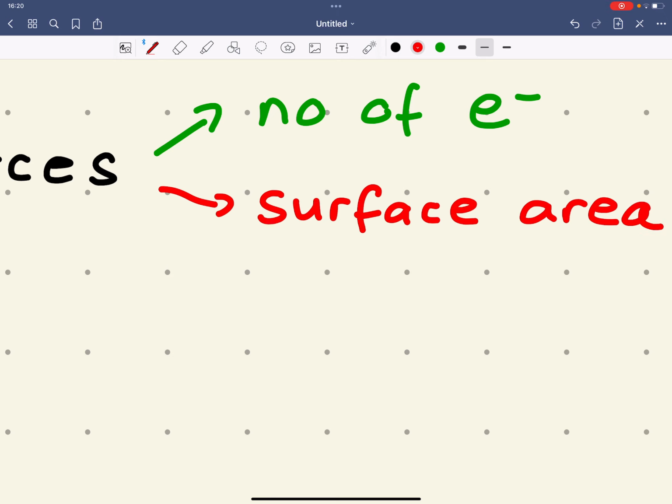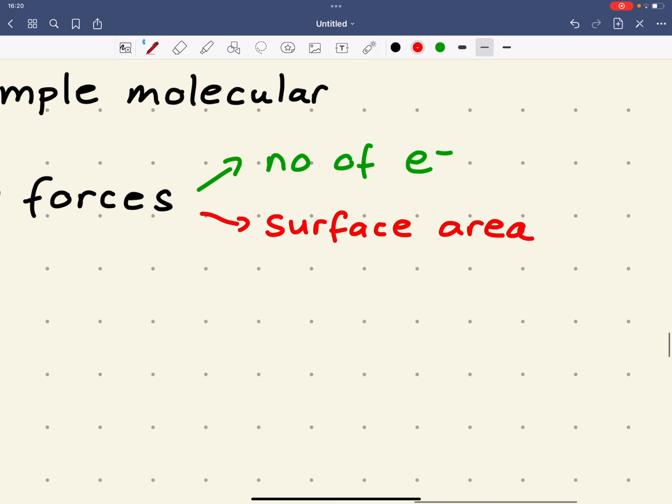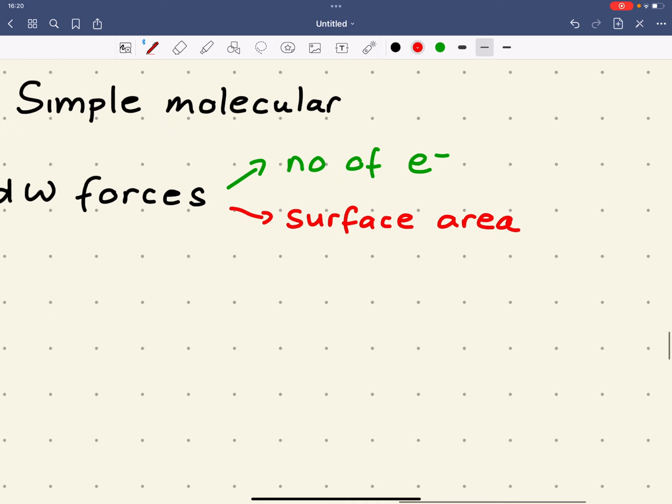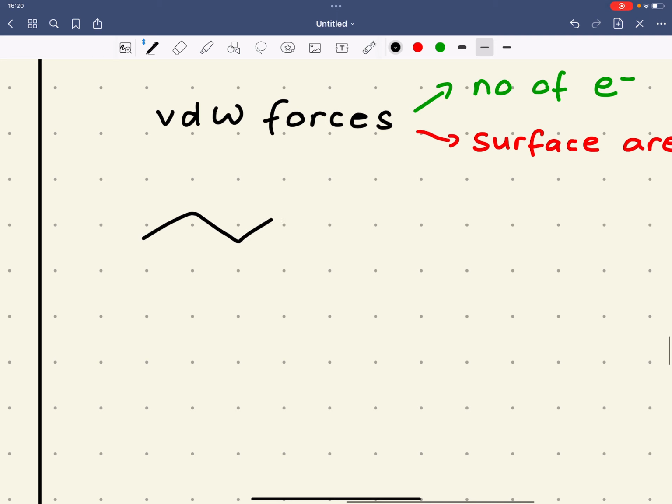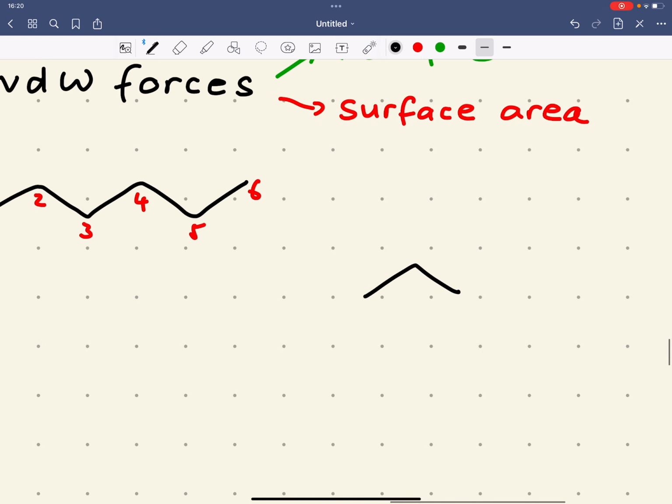The bigger the surface area, the more points of contact between the molecules and the stronger the van der Waals force is going to be. So if you've got, for example, something which is not branched, like this, and let's just count 1, 2, 3, 4, 5, 6, that's going to have a higher boiling point than something like this, which is, again, let's call it 1, 2, 3, 4, 5, and let's just add another one here.